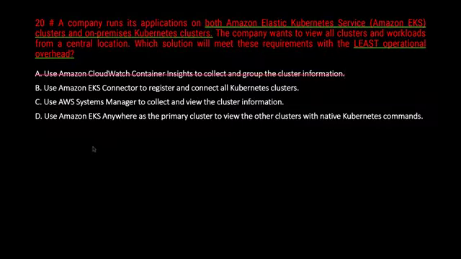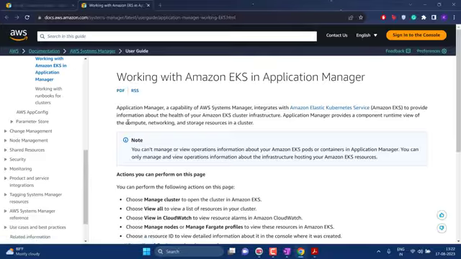Then let's look at option C, which is AWS Systems Manager to collect and view the cluster information. Okay, so let's go to Systems Manager, and if you look here, it says Application Manager, which is a capability of Systems Manager, integrates with EKS to provide information about the health of your cluster infrastructure.